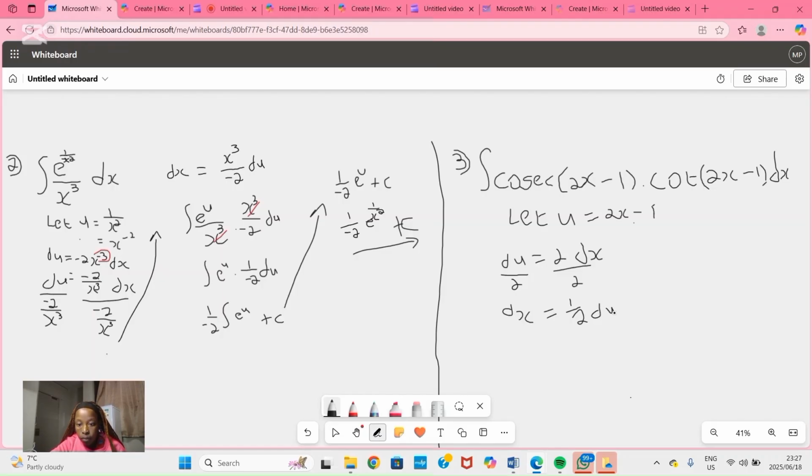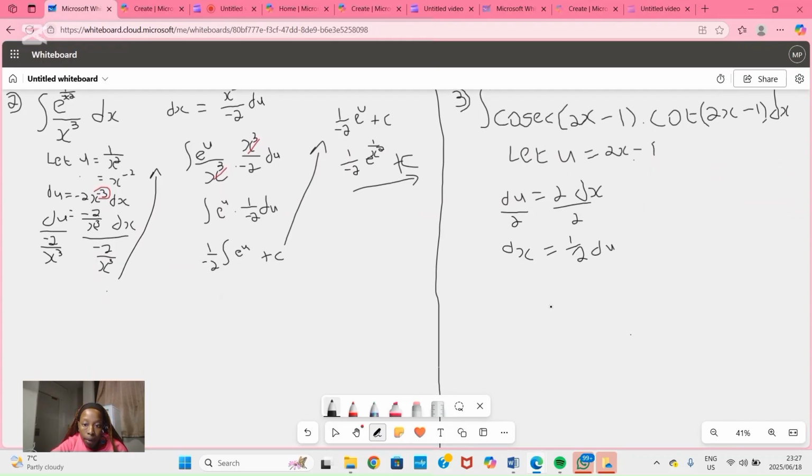So we're going to come back to our equation. So we have the integral, then cosec, and instead of writing 2x minus 1, we're going to replace it by u. We're also going to do the very same thing on cot.